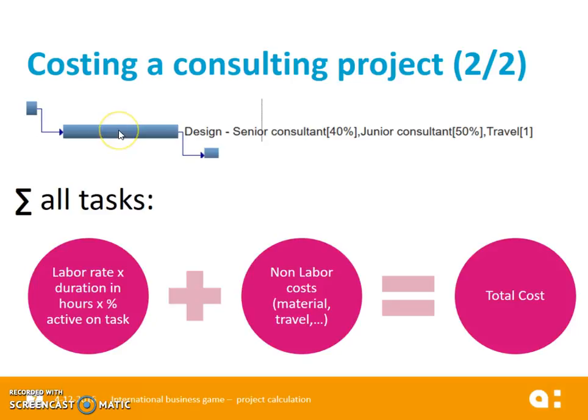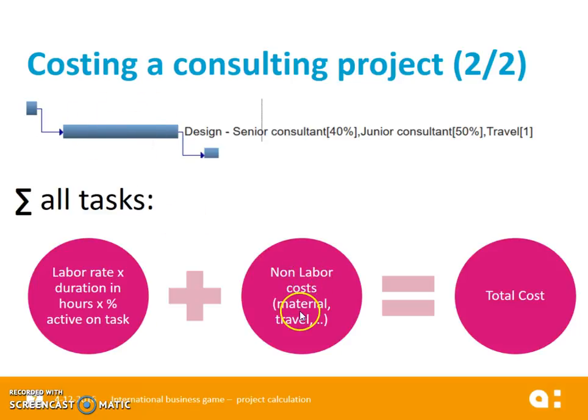One task can of course have multiple profiles of people all assisting in the completion of that task, so you need to add that all in. You can also have other costs, like you might need material, you might need software licenses, you might have travel cost associated to this particular task.